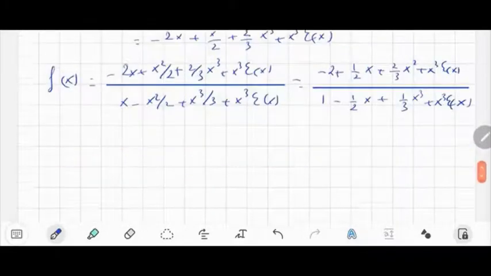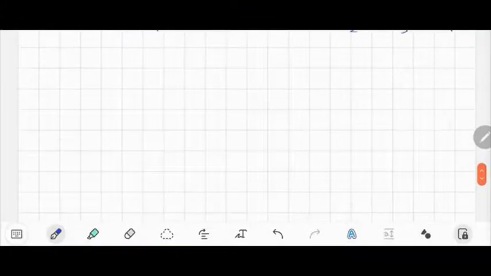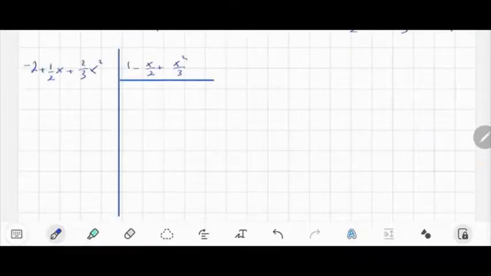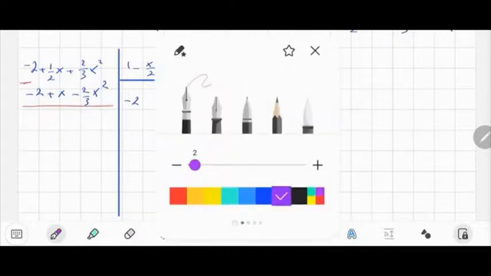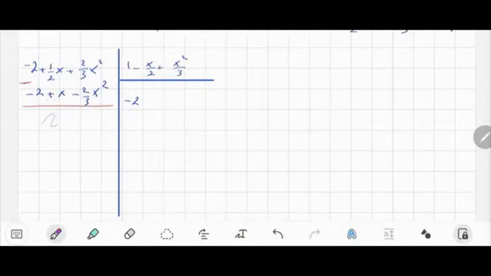And then we proceed to the division, the Euclidean division. Minus 2 divided by 1 is minus 2. Then you have minus 2 plus x minus 2 over 3 x^2, and we subtract. So we'll have minus 2 plus 2 equal to 0.